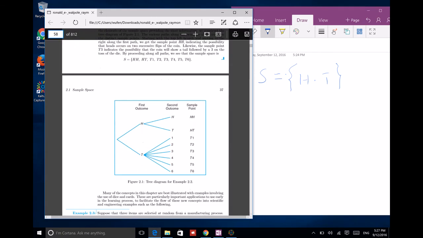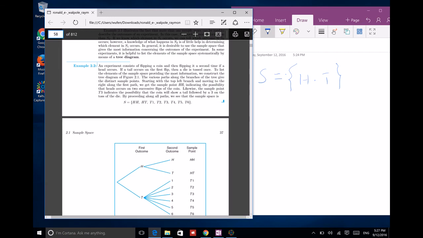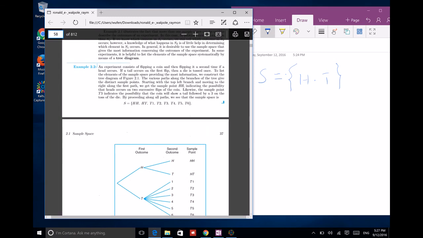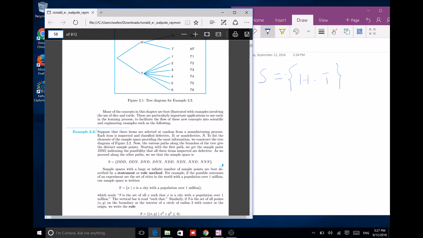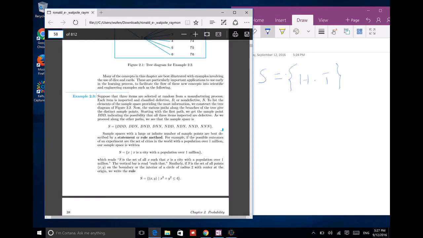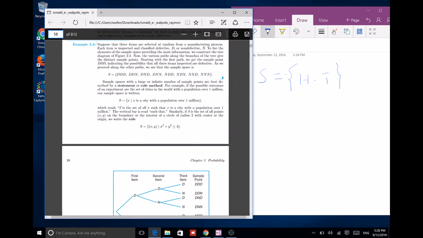What a tree diagram means is you can list all the possible outcomes. Let's look at an example.